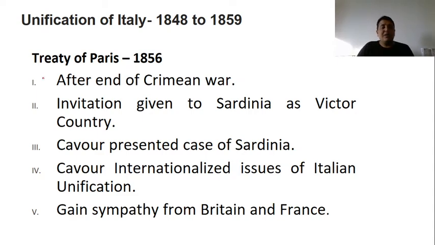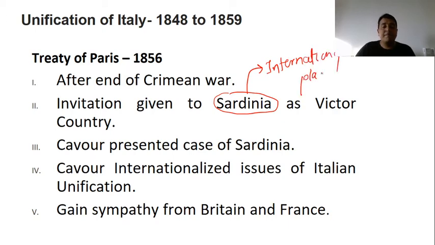Clear? But in return, Sardinia is not getting anything. Then why did Sardinia go there? What's the use of that? It's very simple. Sardinia went there because they got the opportunity for the first time to represent themselves at an international platform.